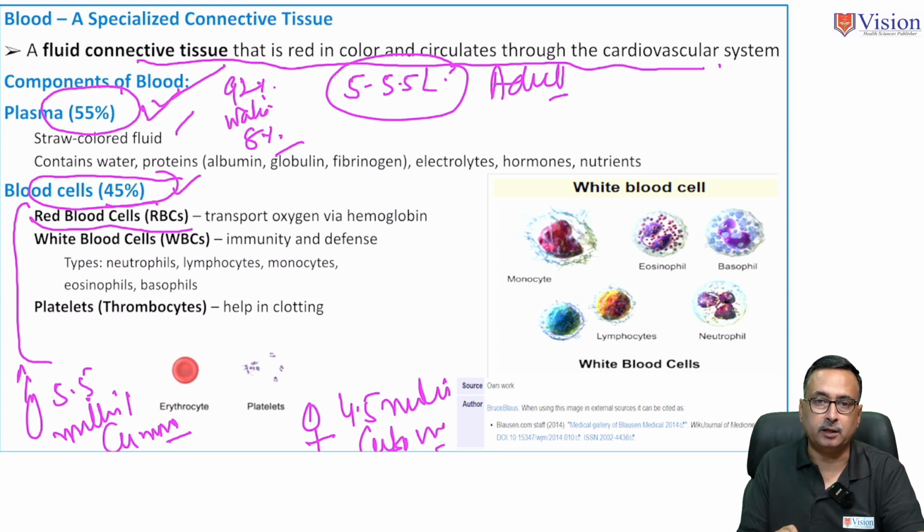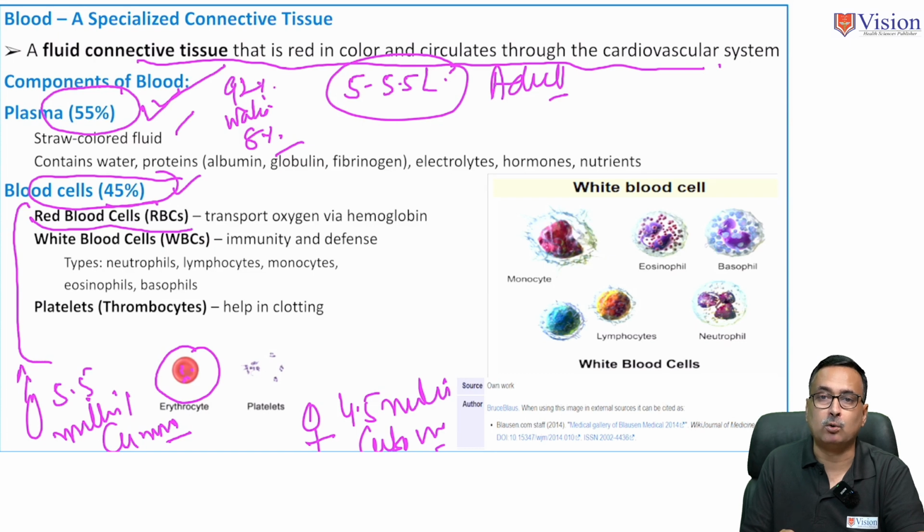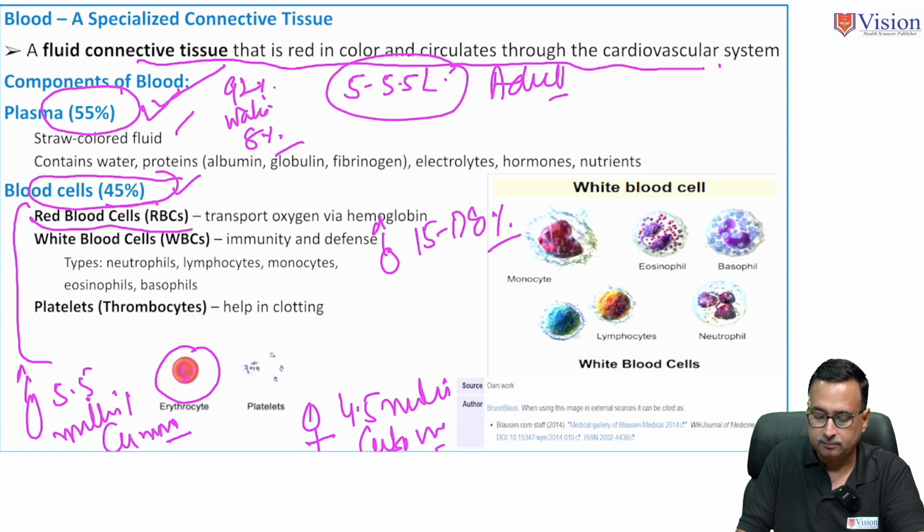Each RBC contains hemoglobin. Total hemoglobin in an adult male varies from 15 to 17 gram%, and total hemoglobin in an adult female varies from around 12 to 14 gram%.